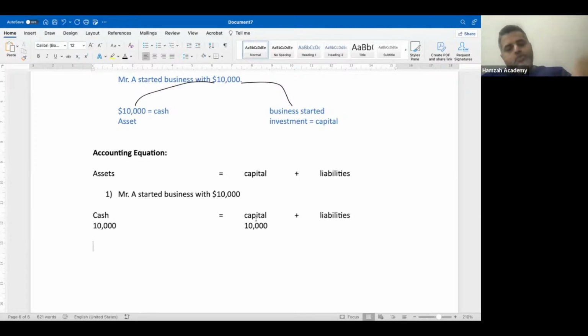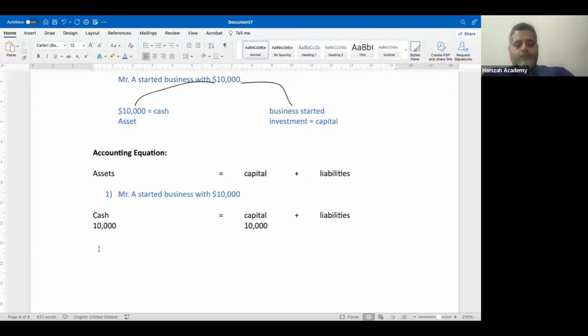He was right. If we look at the outcome or the effect of the transaction, that is what the dual is. So Mr. A started business with $10,000, and the entry is going to be cash 10,000 is equal to capital 10,000.